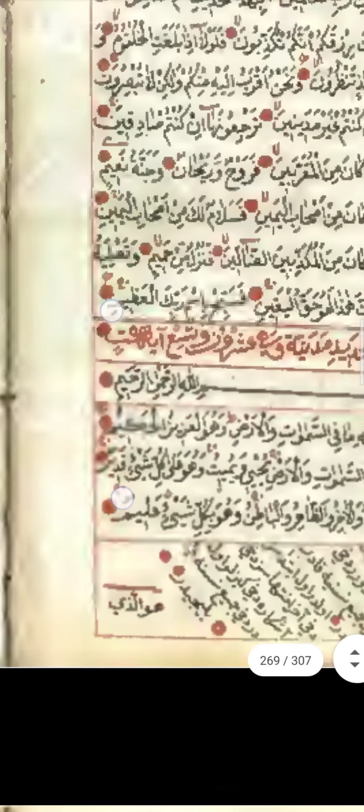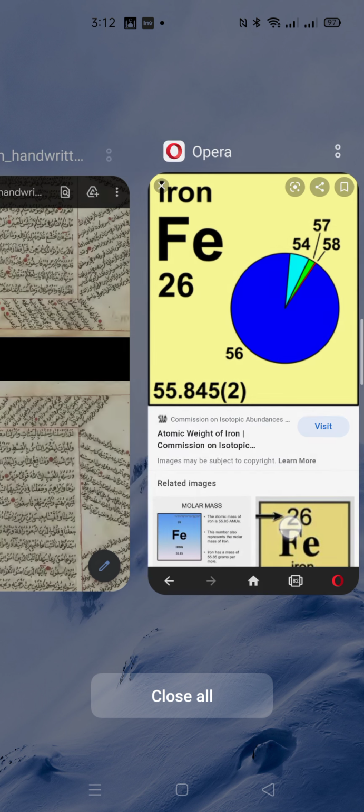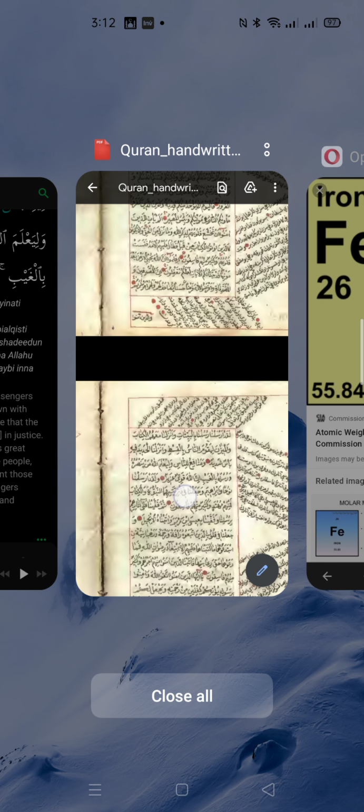You see how the Quran conveys this so beautifully. In isotopes, the number of the protons never changes. If the number of the protons change, then the element changes. The number of neutrons may change. And here we have it, 57, 26. Same as the Quran.